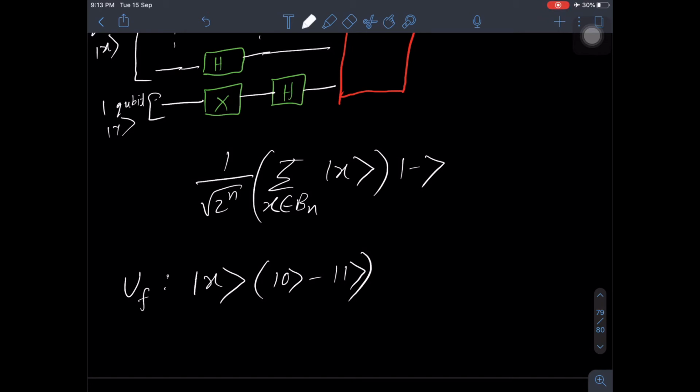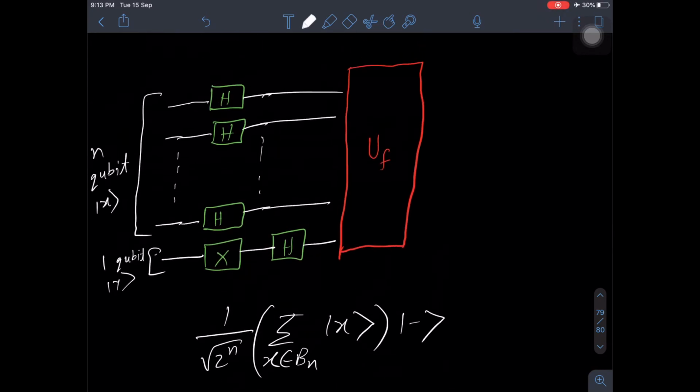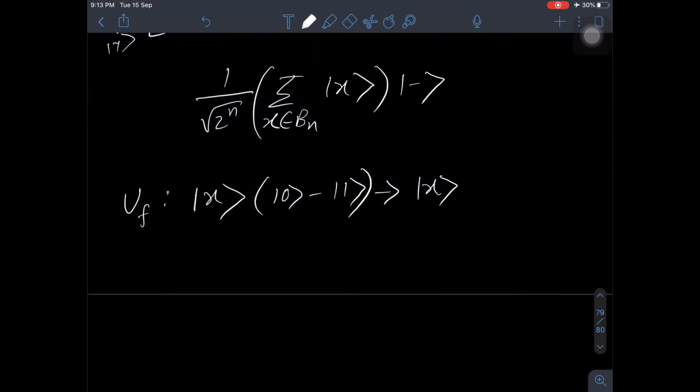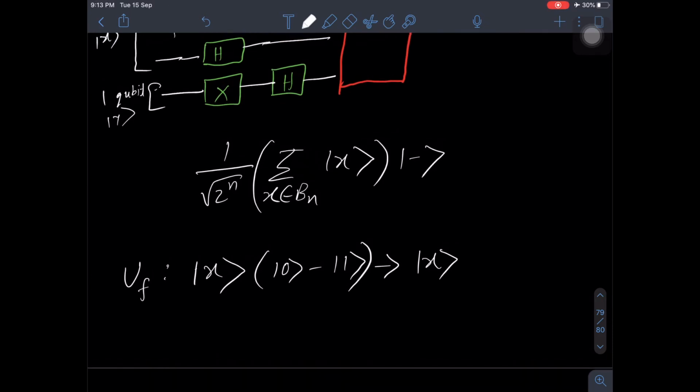So what it does is map it to x, as I have already defined that it doesn't change x here. x remains as it is, but it will change y. On the minus state it will give you f(x) here, because f(x) XORed with 0 just gives you f(x), and it will give you a minus sign, 1 XOR f(x).